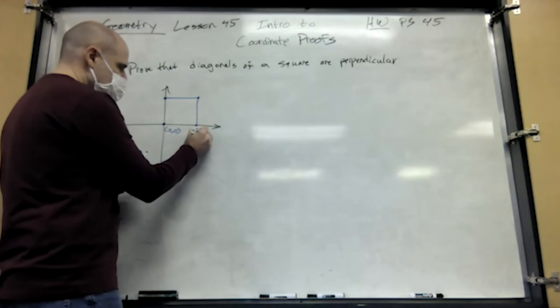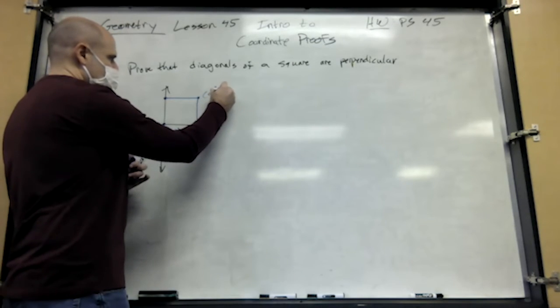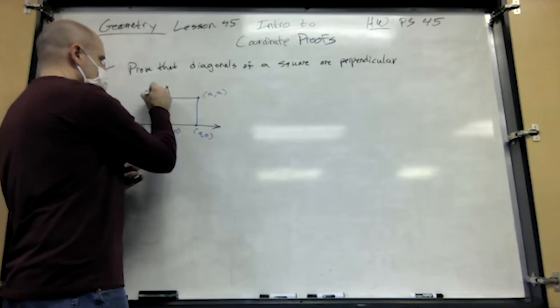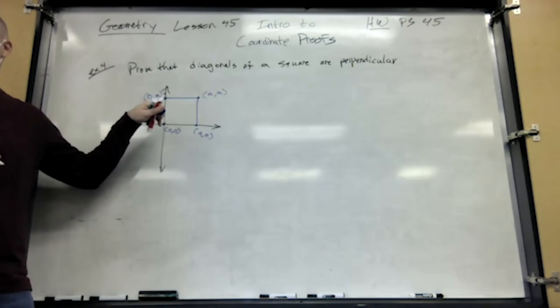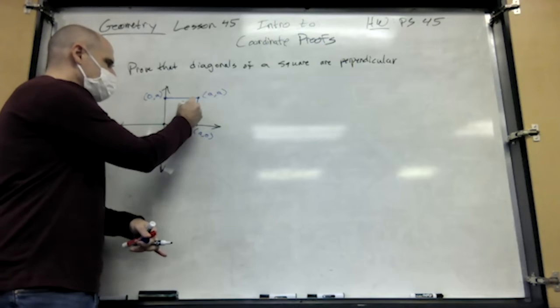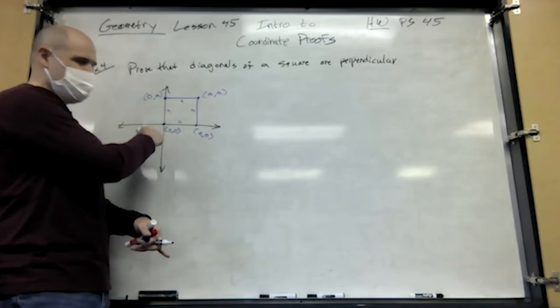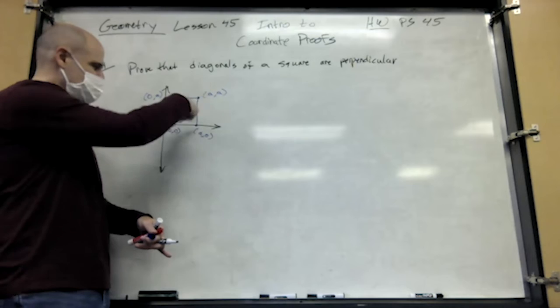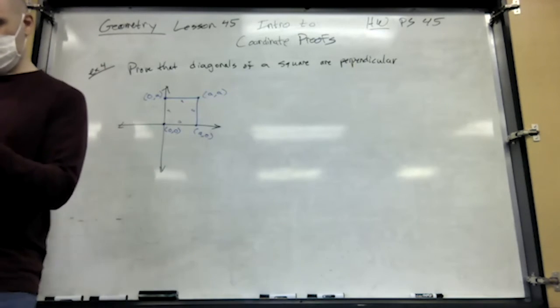Yeah, so let's say A, 0. What about this? A, and then this is A, A. Everyone good with labeling that? Does that make sense? Because if the distance is just A, then this would be A, 0 because you're going over A, and then up 0. This is you're going over A and up A, okay?